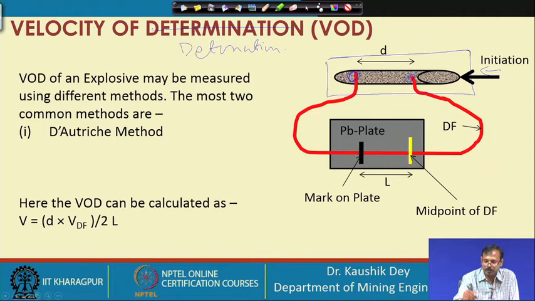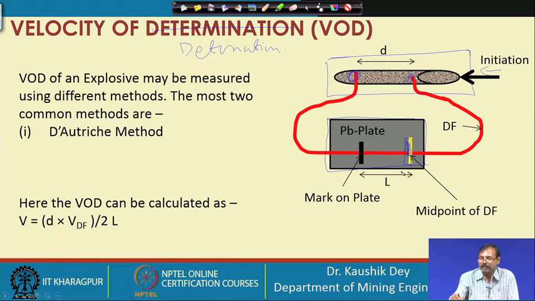The detonating fuse is tied at these points, and the middle portion of the detonating fuse is kept on a lead plate, and the middle point of the detonating fuse is marked at this position.